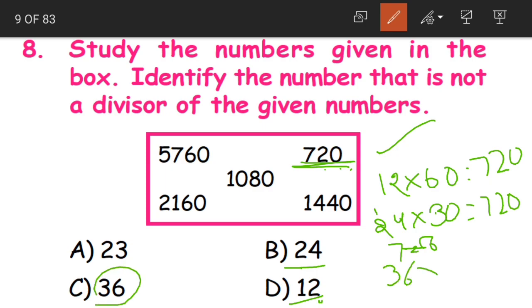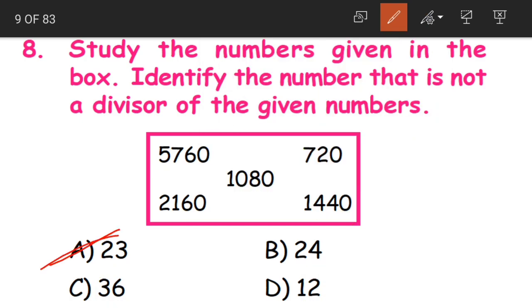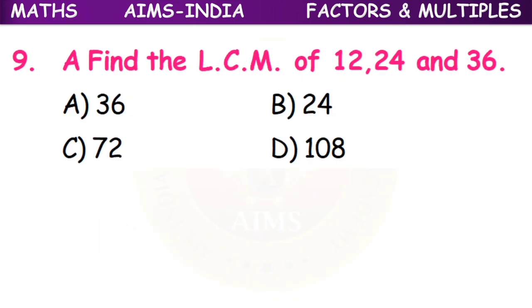And 36 into 20 becomes our 720, children. So even you can check with the other numbers as well. So from the given options, only option A is not a multiple of 12. So the given number is not divisible by 23. Option A.